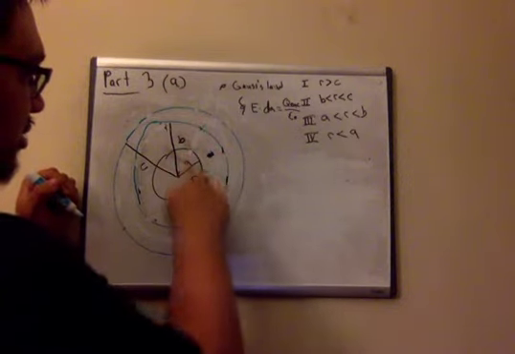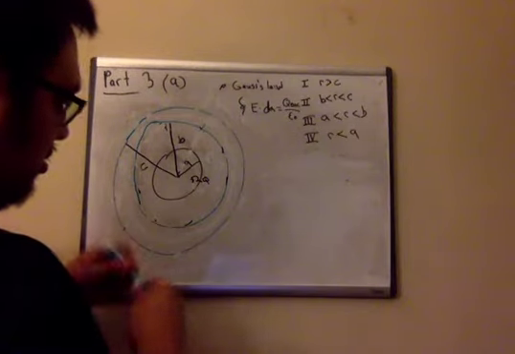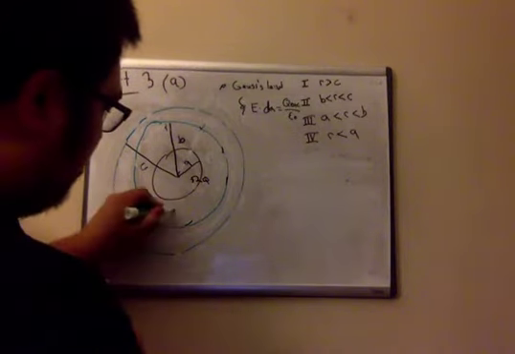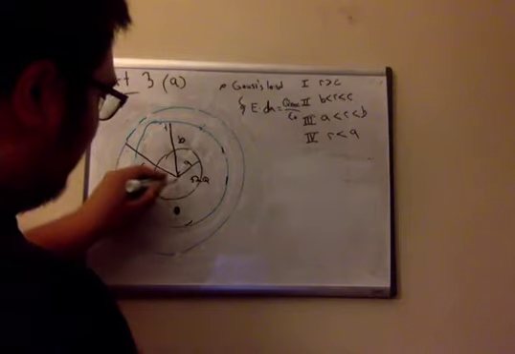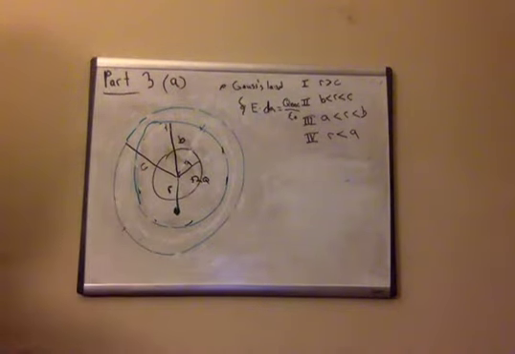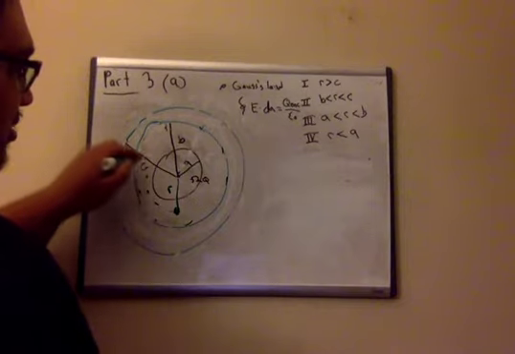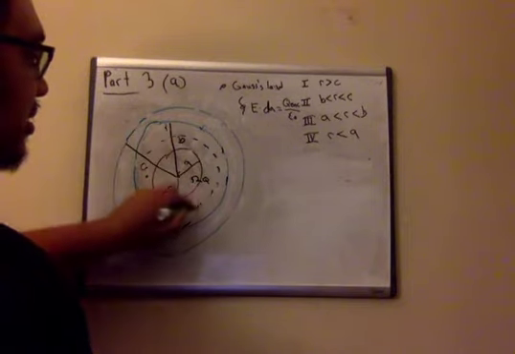Let me draw it here. This radius is r. Again, we're going to draw our Gaussian surface, so our sphere around here.